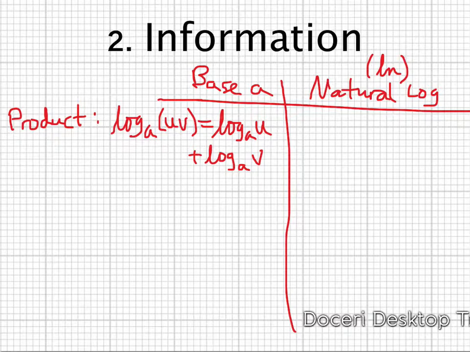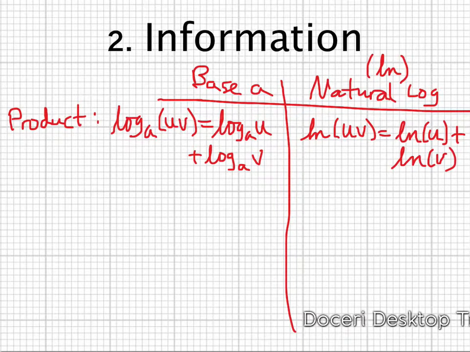Now it also applies to the natural log. If I have the natural log of uv, that's the same as the natural log of u plus the natural log of v. That's the product property of logs.